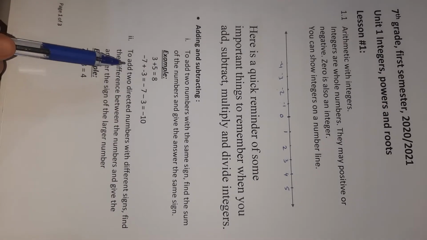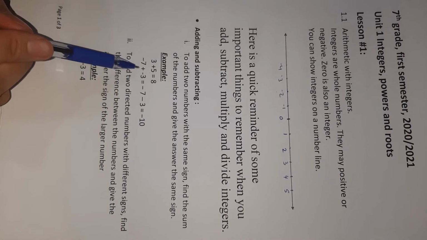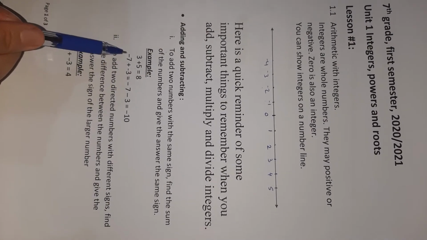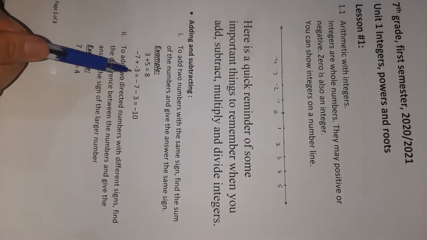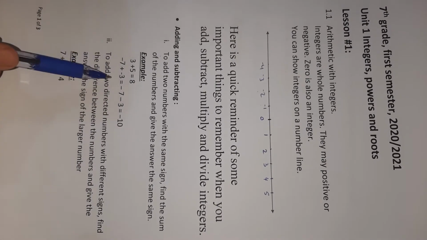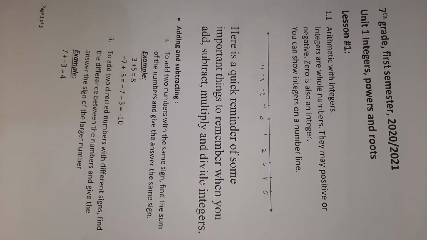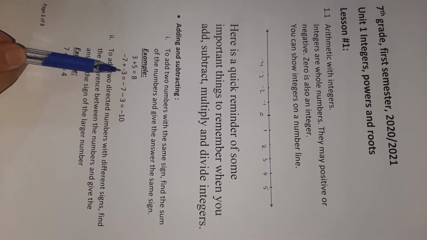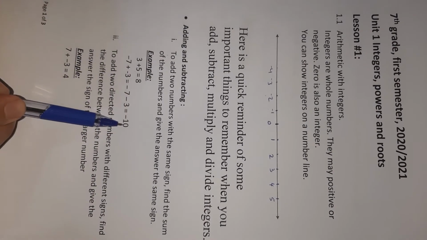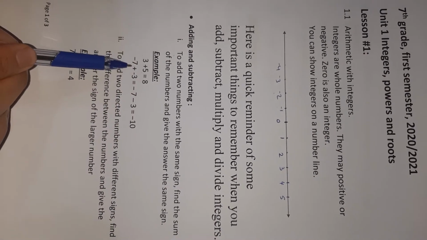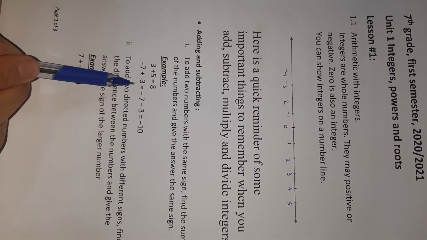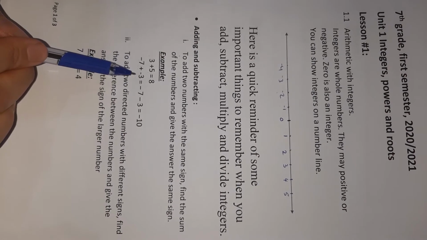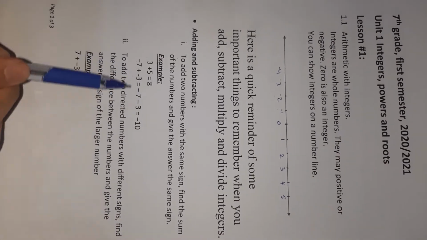Let's take another example. Here we want to add 2 numbers with the same sign, but both of them have a negative sign. Just add them: 7 and 3 becomes 10, and give the answer the same sign, which is negative. That's why negative 7 plus negative 3 becomes negative 10.